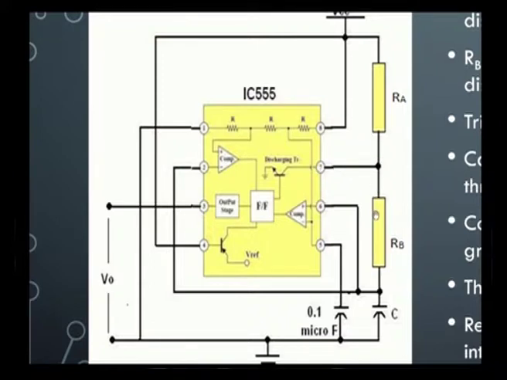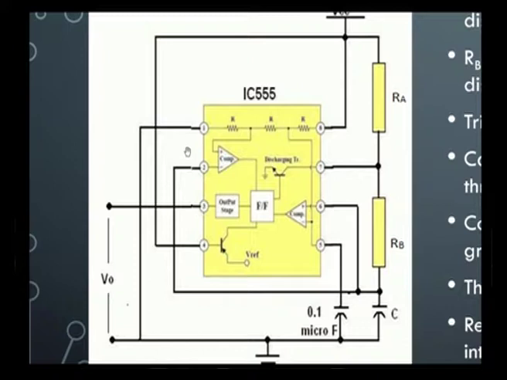RA is connected between VCC and the 7th pin, and RB is connected between the 7th pin and the threshold non-inverting terminal, or 6th pin, of the threshold comparator. A 0.01 microfarad capacitor is connected from the 5th pin, the control pin, to ground, and the output is taken from pin number 3 and ground.